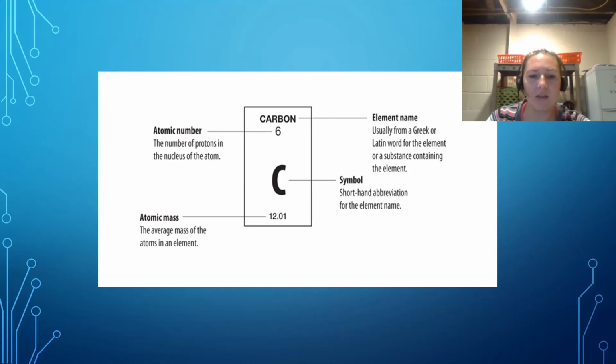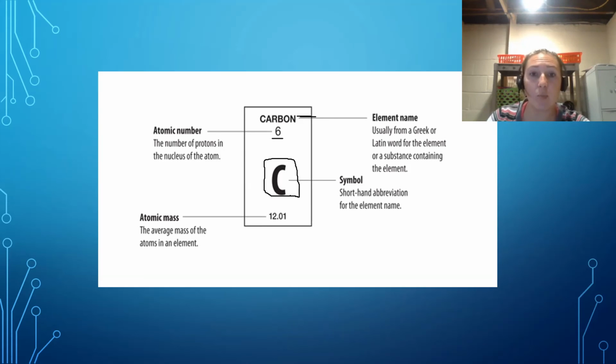The big letter right here in the beginning, that is the symbol. It's a shorthand abbreviation for the element name. So if you're going to use a symbol for carbon, you would just use the letter C. Obviously here is the element name, okay? So we have the whole name, then we have the symbol. The number here is the atomic number.